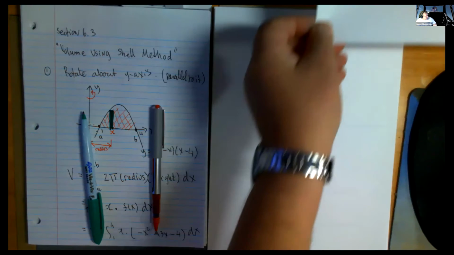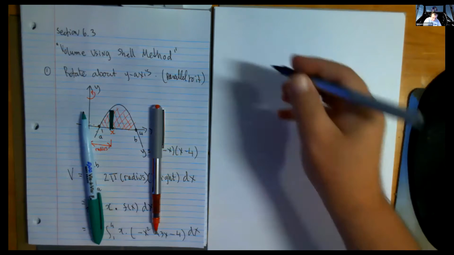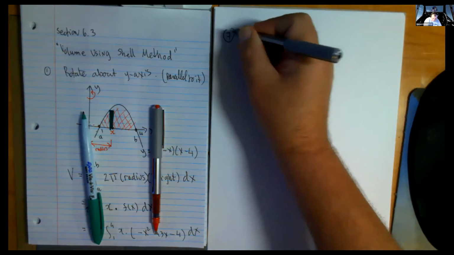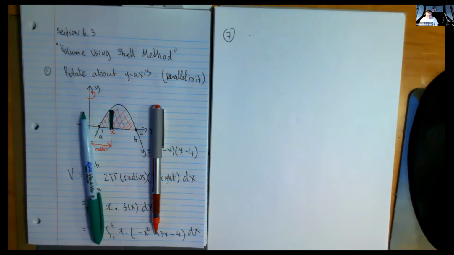Okay. Let's see if we can find another one. Got all these notes, but they're all jumbled up, unfortunately. So I want to focus on just one axis at a time. Ah, okay. Here we go. Oh, nope.